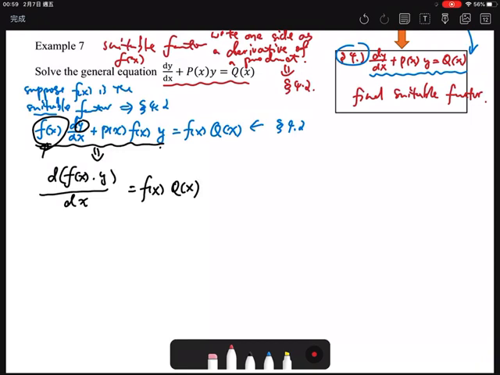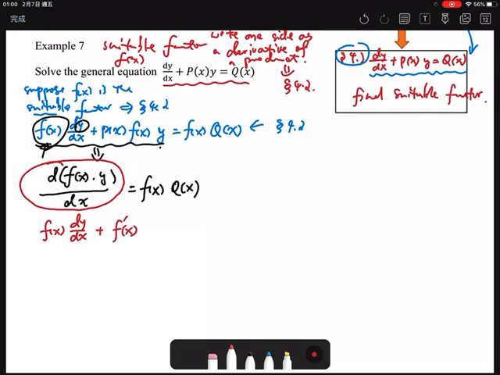And now again, if we simplify it using the product rule, it becomes f of x times dy by dx plus df.